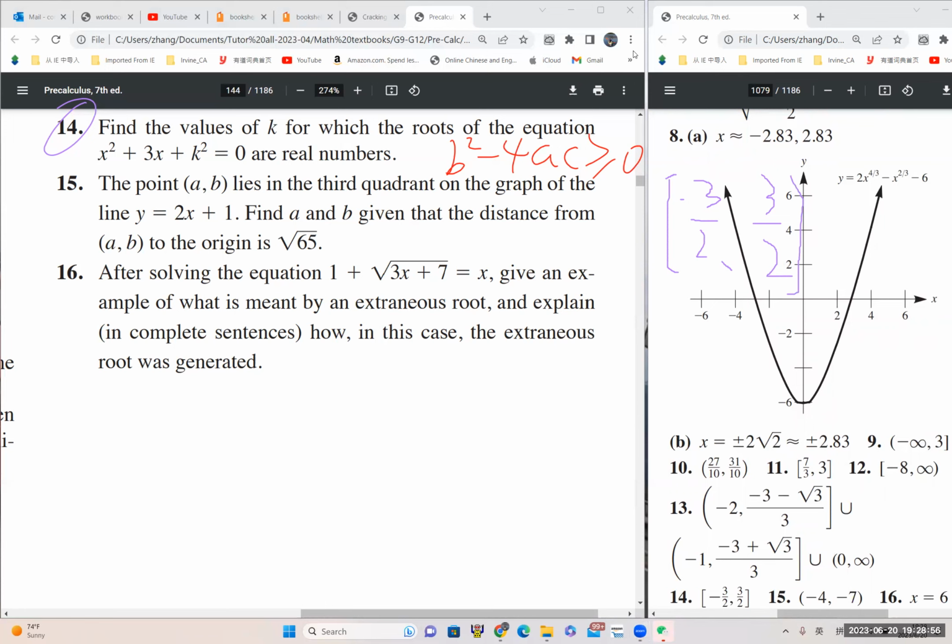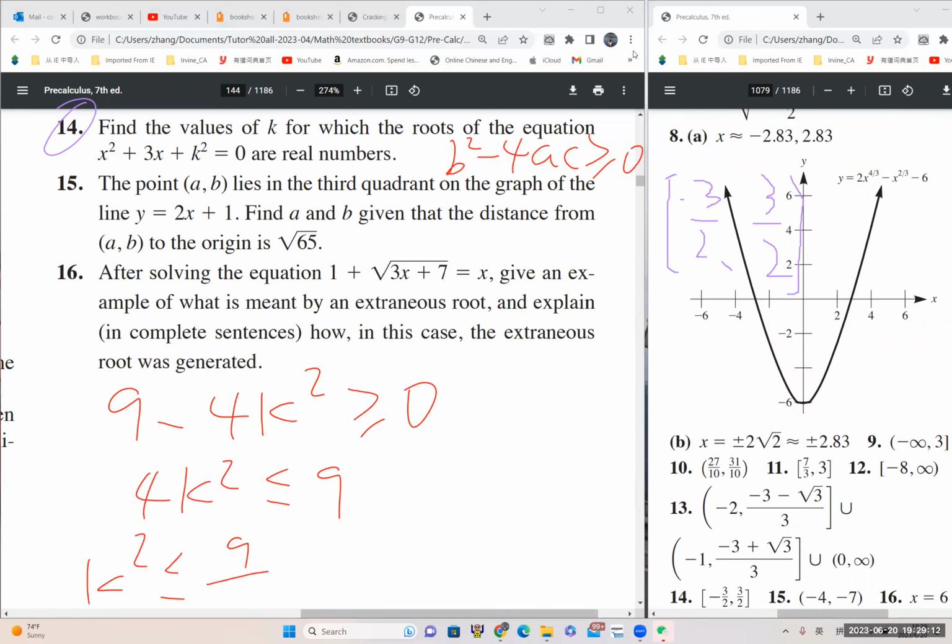We have 9 minus 4k squared greater than 0, right? Then we have 4k squared less than 9, or k squared less than 9 over 4, or even you can take this as 3 over 2, right?